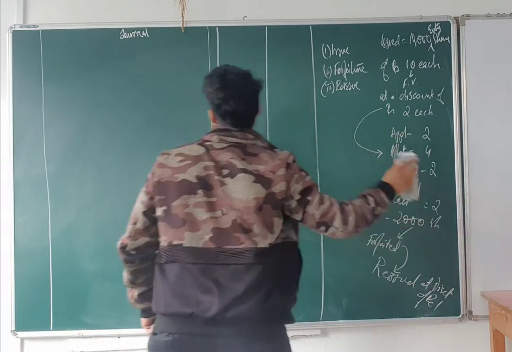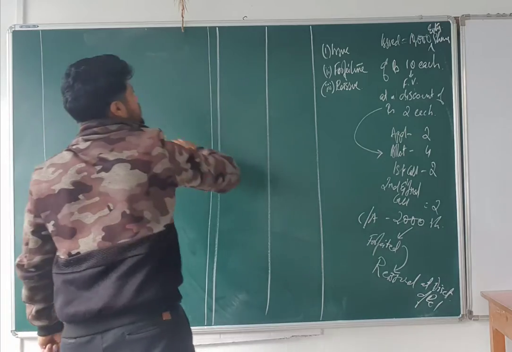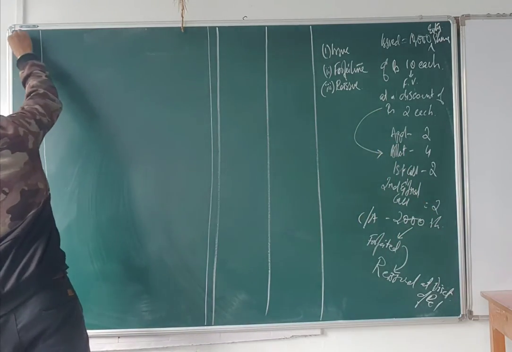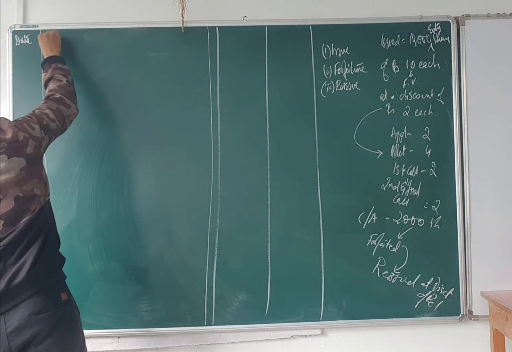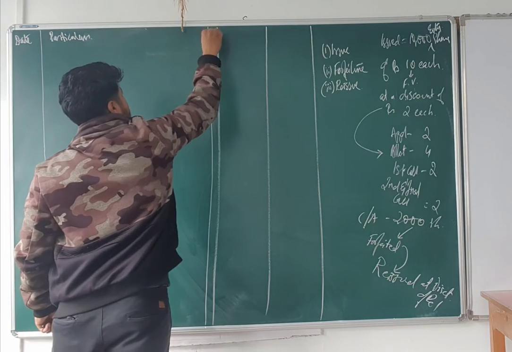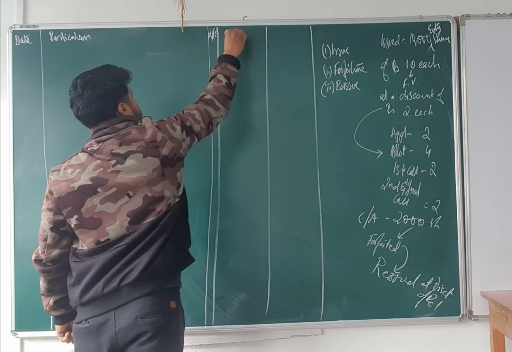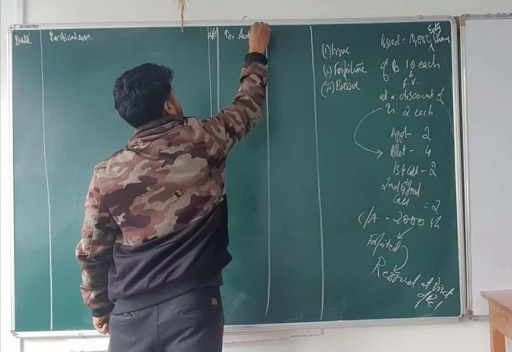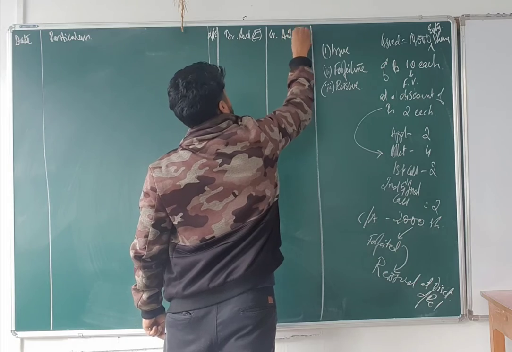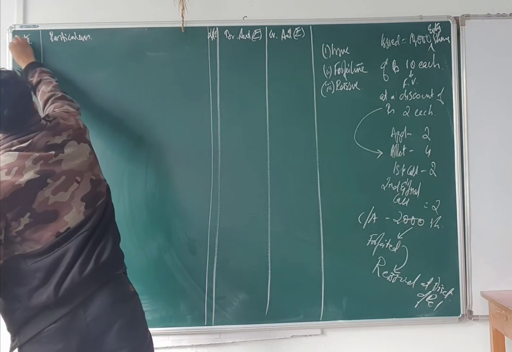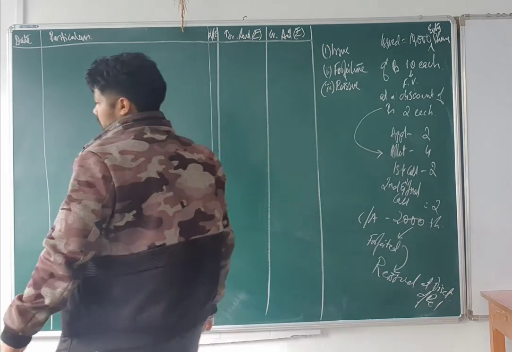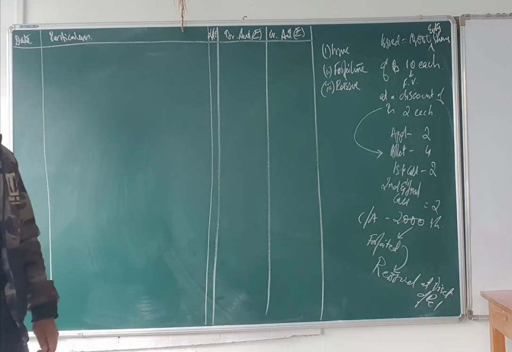And then draw the journal. Date, particulars, LF, debit amount rupees, credit amount rupees. Alright, this is the format.